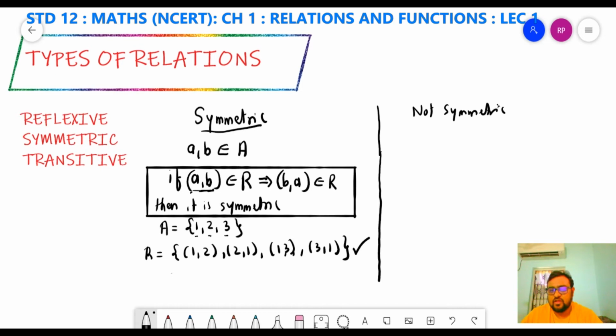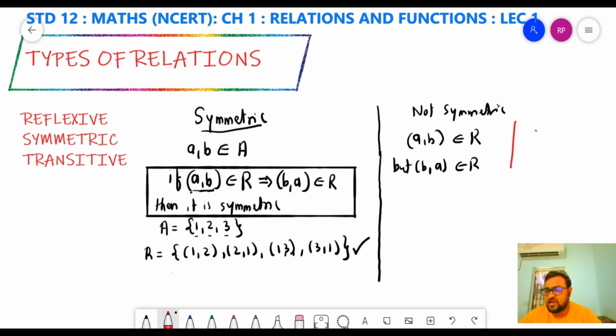This is the other way to do it: that (a, b) belongs to R, but (b, a) does not belong to R. In other notation, I can write it like this: a R b, that means (a, b) belongs to R. Right?